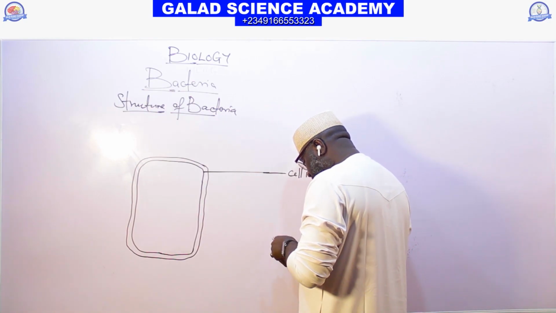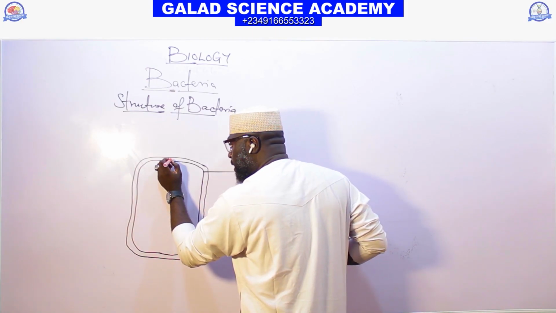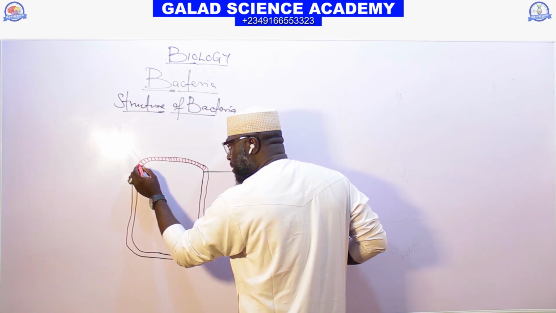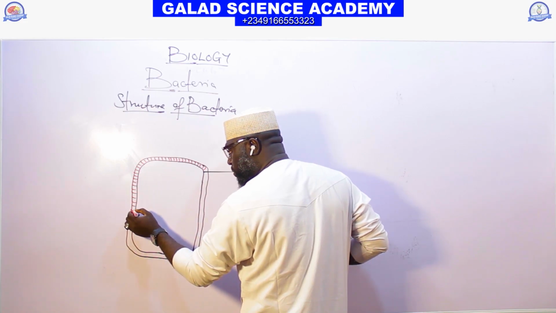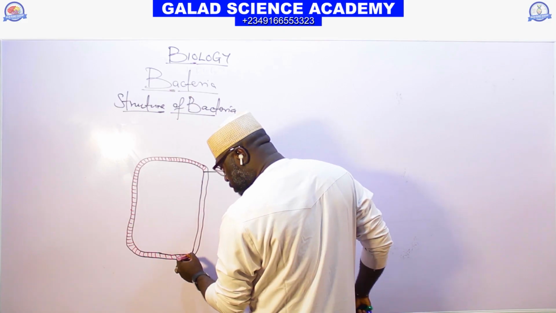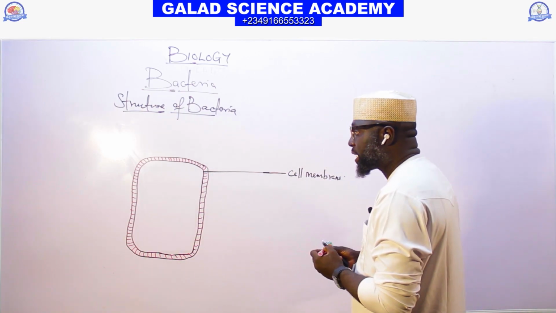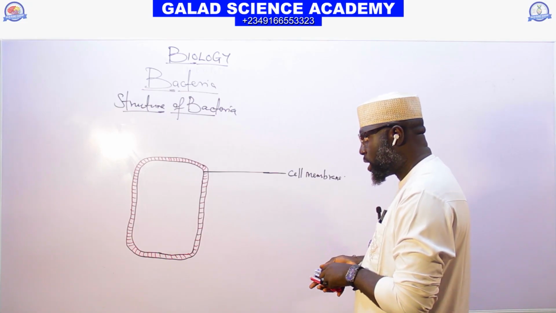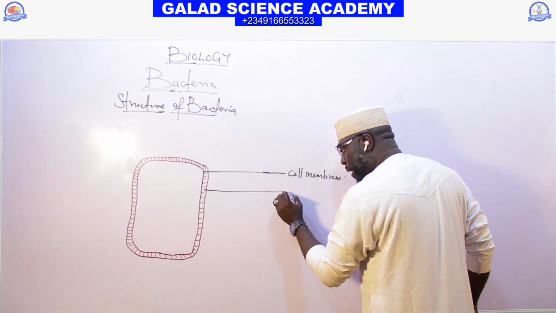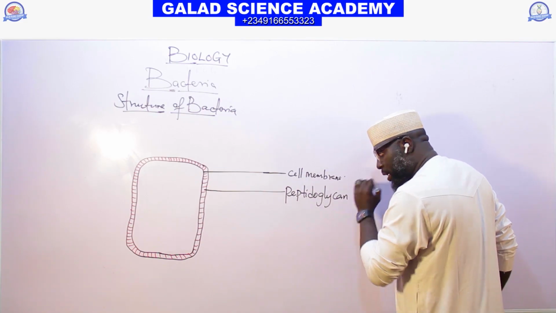This layer that surrounds the cell membrane, I would like to use this red marker to segment it. This is what we call peptidoglycan.